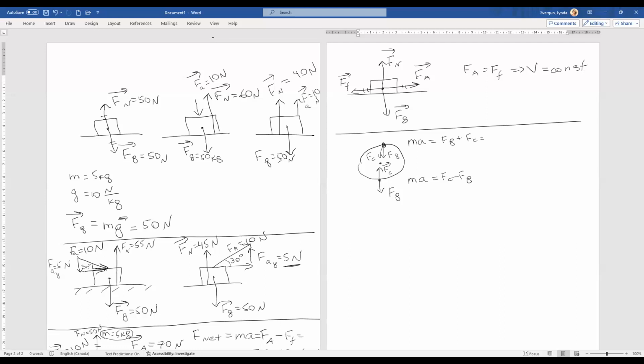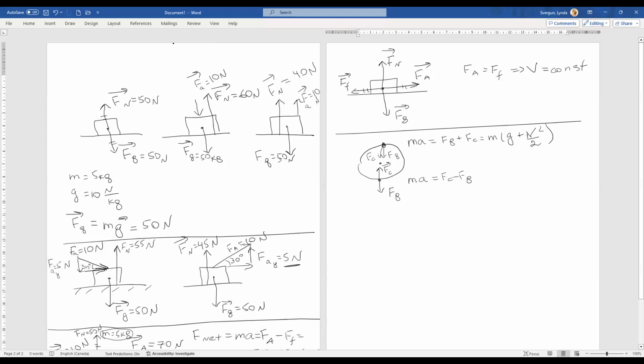Then you can factor out the mass. The centripetal force is v squared over r, and you can cancel masses and write what the acceleration is. So the acceleration on the top is bigger, and on the bottom is smaller.